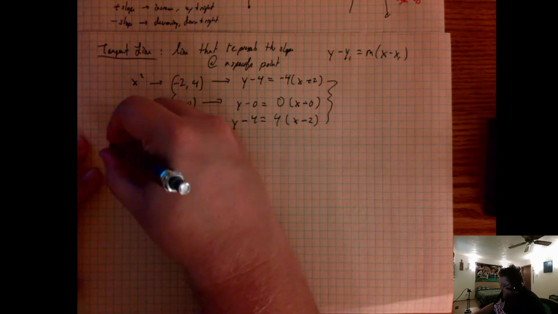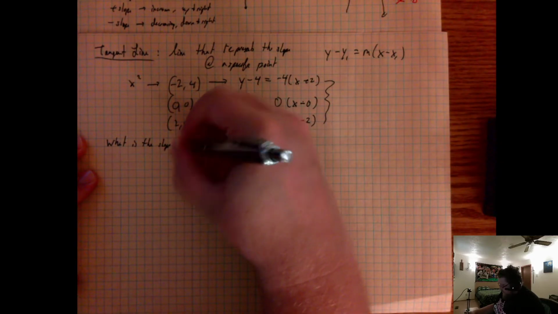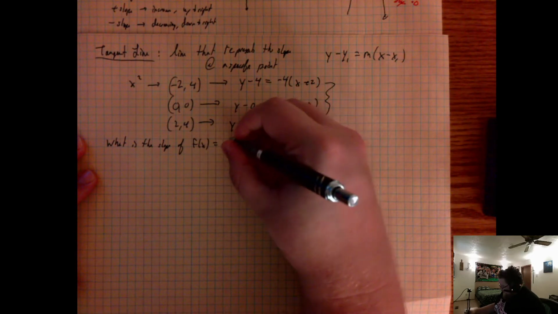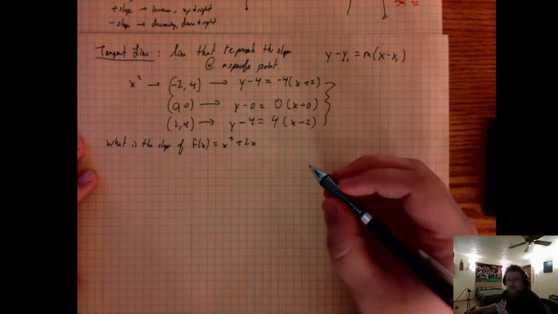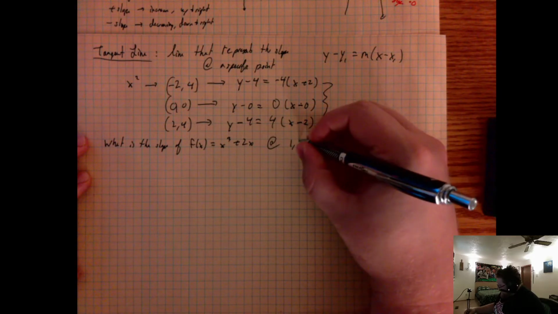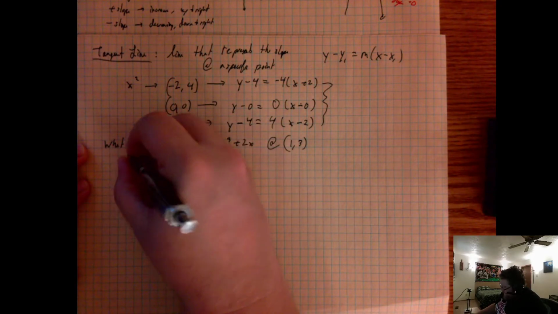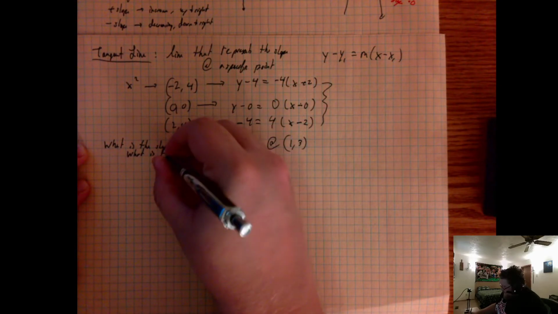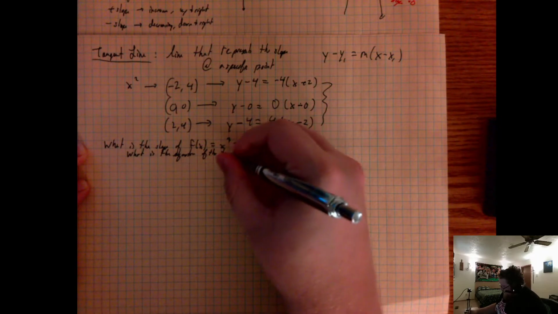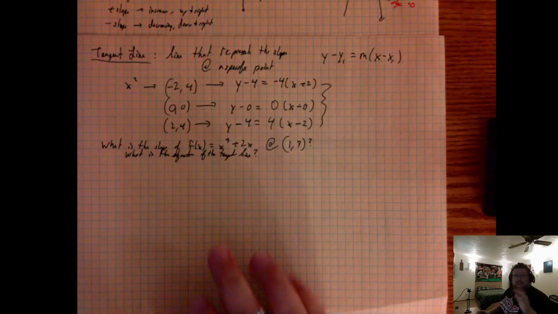I'm going to ask you, what is the slope of f of x equals x cubed plus 2x, and I want you to do it at a specific place, at the point 1, 3, and then secondary, I'm going to ask, what is the equation of the tangent line? So let's answer these two parts.